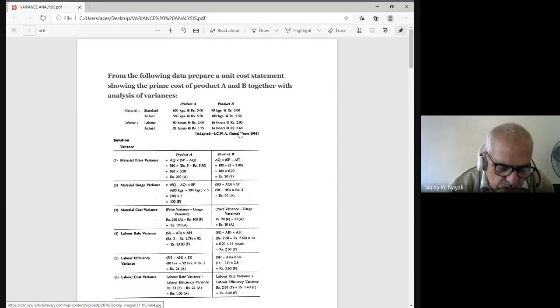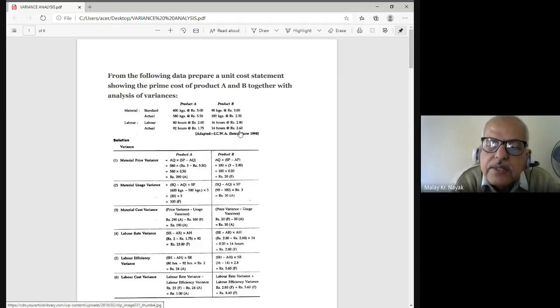What is the figure? 36.4. You should write 36.40, rupees 36 and 40 paisa.